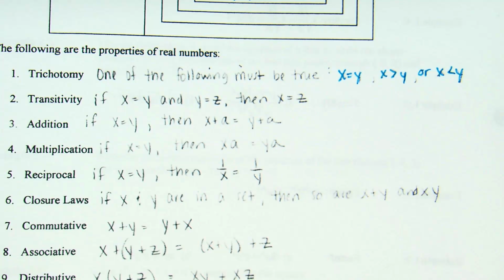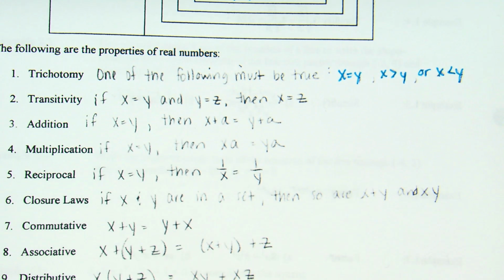Okay, transitivity. Somewhere maybe back in middle school you had the transitive property, maybe even back in Algebra 1. If x equals y and y equals z, then x equals z. So basically if two things equal y, they have to equal each other. That's the transitive property. Addition property. If x equals y, then x plus a equals y plus a.